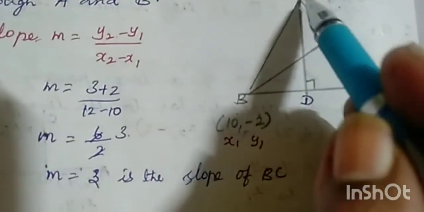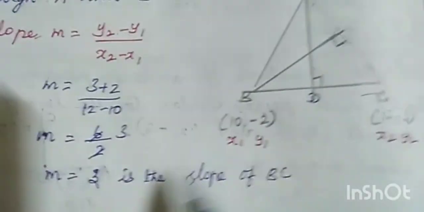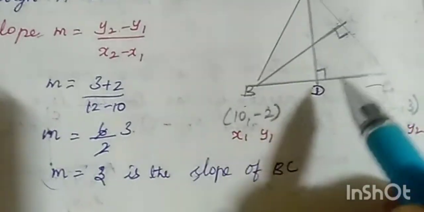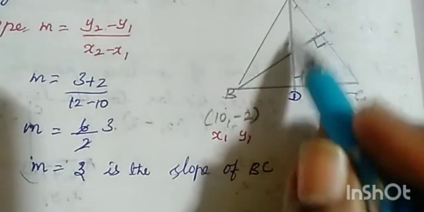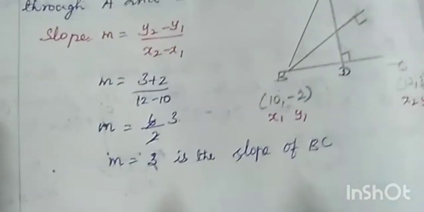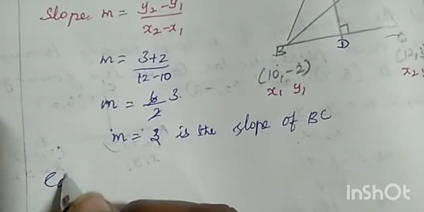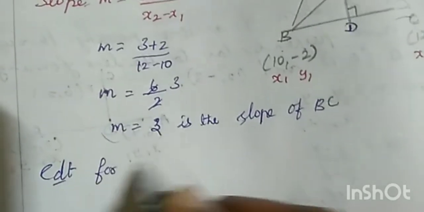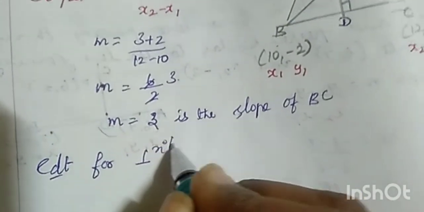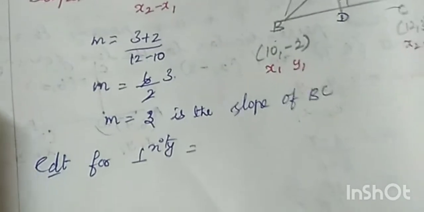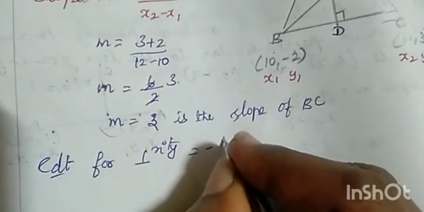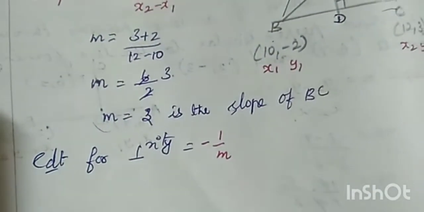We have to find the equation of AD. So this slope we have to convert into the slope of this line AD. How will we convert? We will be using the condition for perpendicularity. What is the formula for the condition for perpendicularity? It is minus 1 by m when one slope is given.